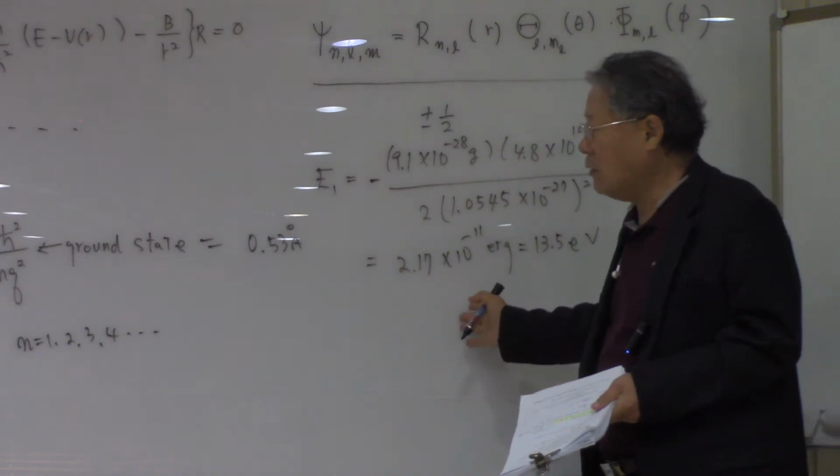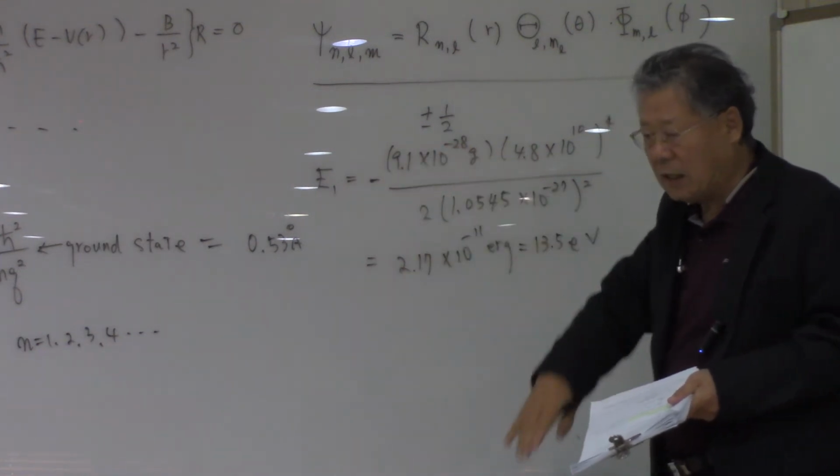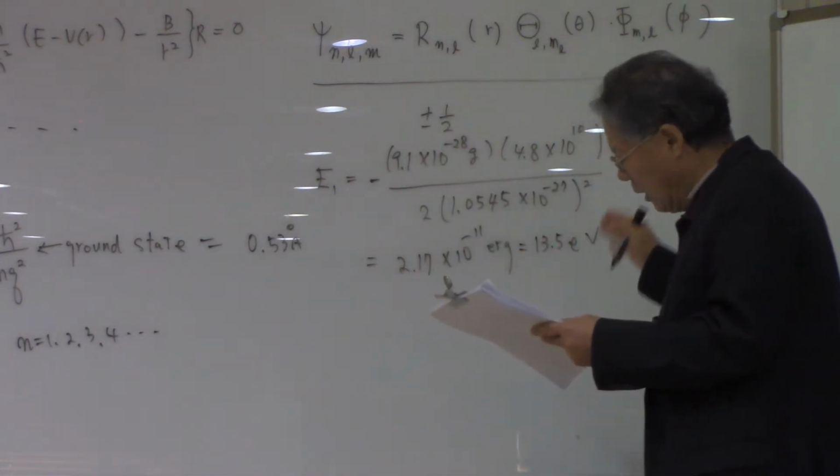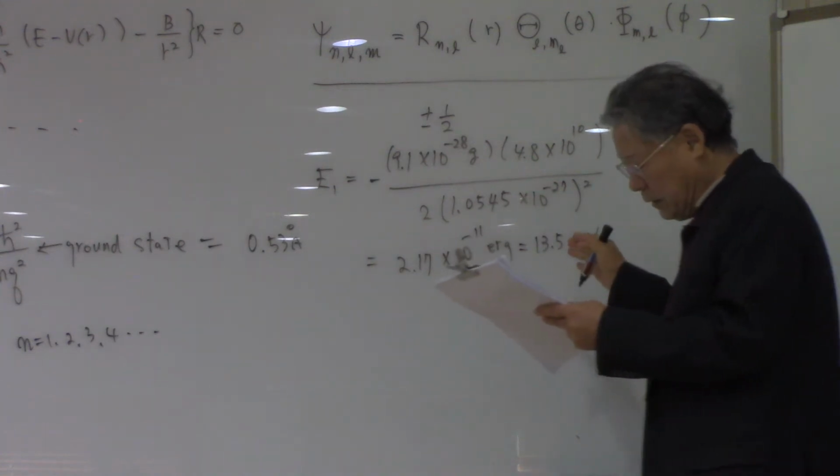So this is the ground state of hydrogenic atoms, the ground state of electrons.